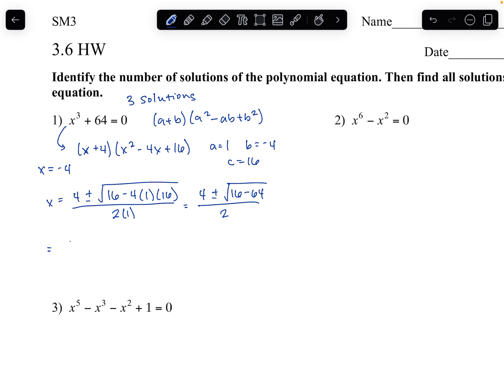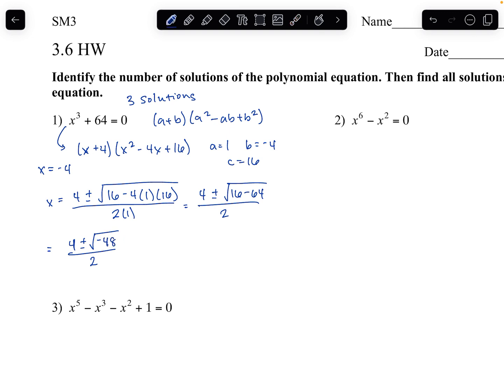So we're going to get 4 plus or minus the square root of -48, all divided by 2. Okay. Now what we're going to do is deal with this radical right here. I have a negative in this radical, which I do not want underneath the radical.